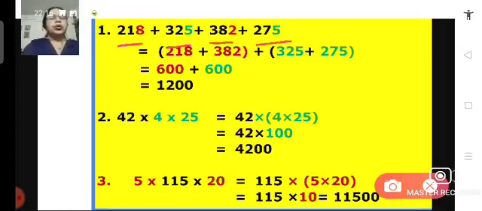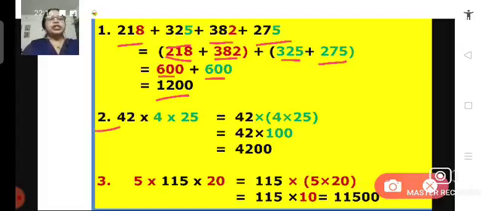So children, we group them together in such a way that we get zeros in ones and tens place. So we have grouped them like this: 218 plus 382 and 325 plus 275. So we get 600 plus 600. So easily we can get the result, that is 1200.